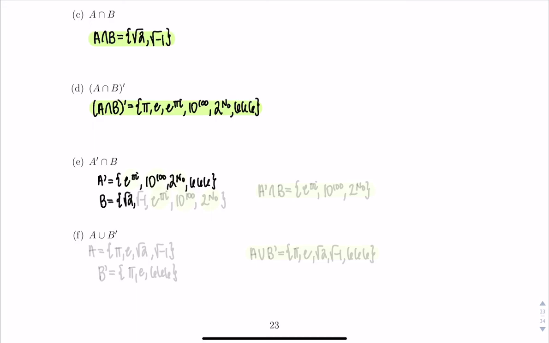That's square root of 2, square root of -1, e to the pi i, 10 to the 100, 2 to the NO, and 666. I'm sorry, not 666.